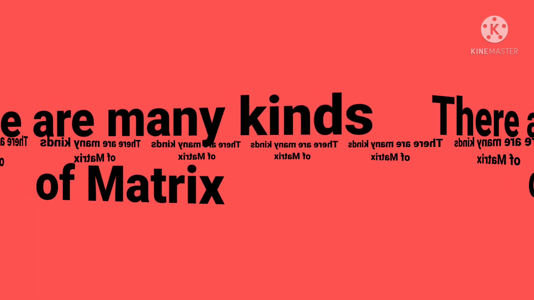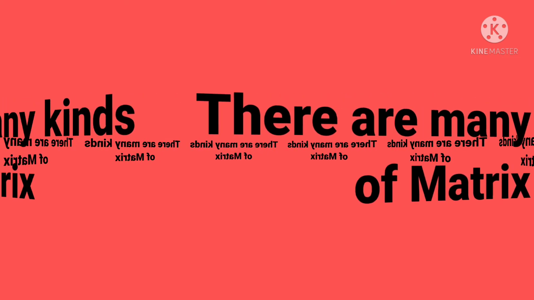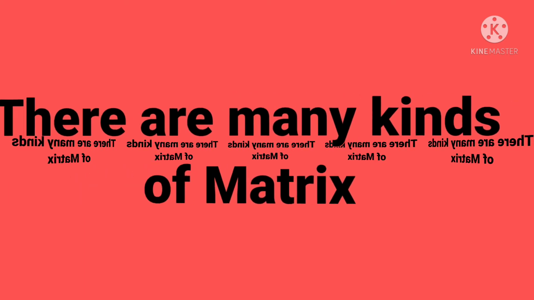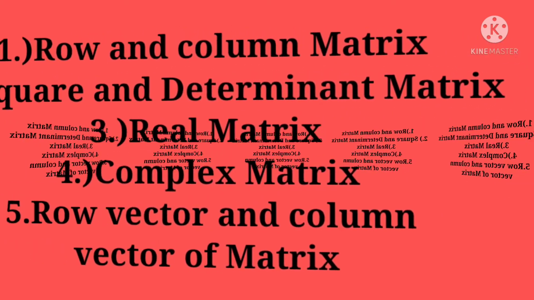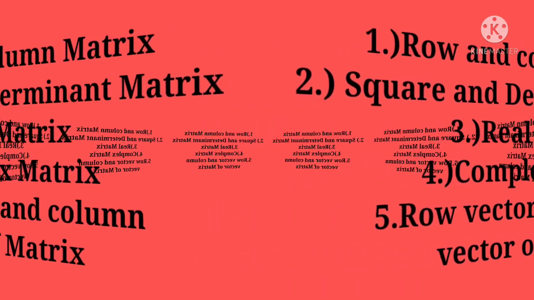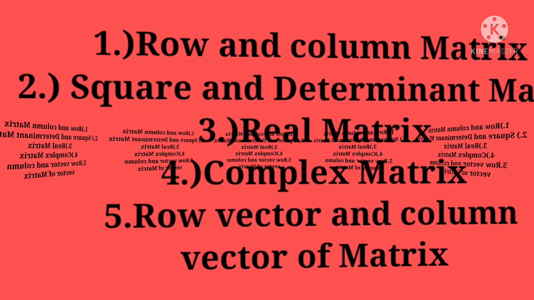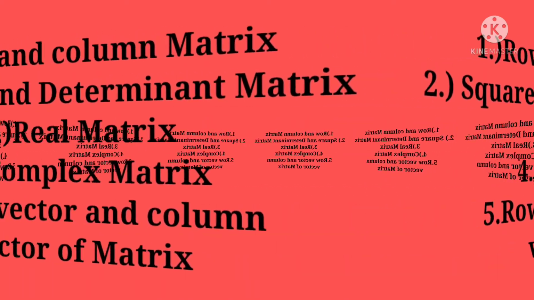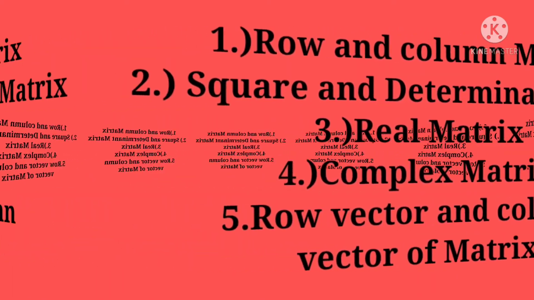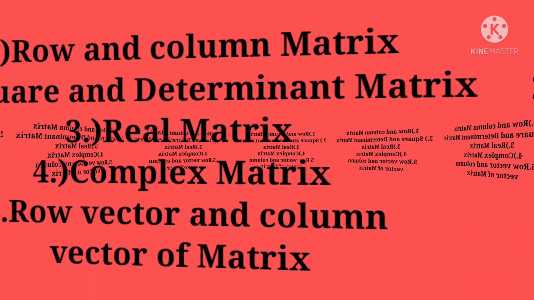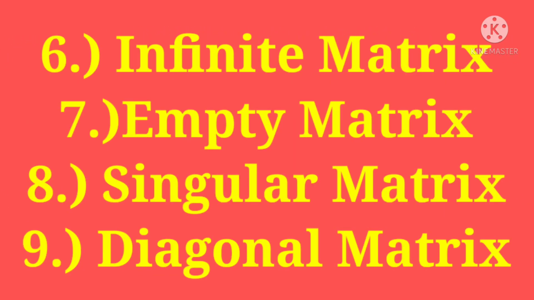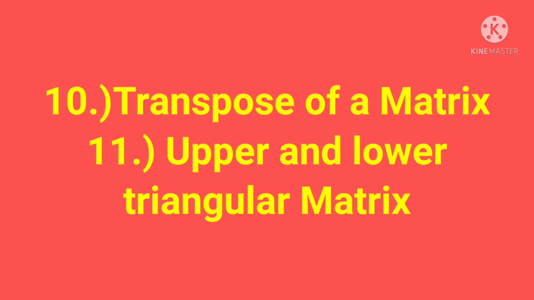Okay, now move ahead. There are many kinds of matrix, and we are going to discuss every kind of matrix. First, row and column matrix; second, square and determinant matrix; third, real matrix; fourth, complex matrix; fifth, row vector and column vector matrix; sixth, infinite matrix; seventh, empty matrix; eighth, singular matrix; ninth, diagonal matrix; tenth, transpose of a matrix; upper and lower triangular matrix.